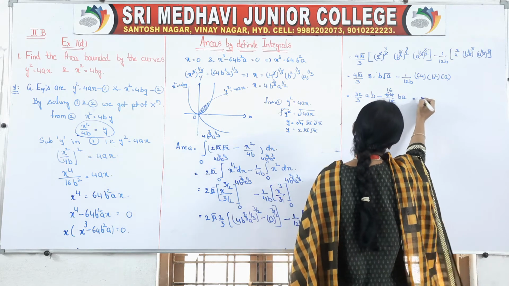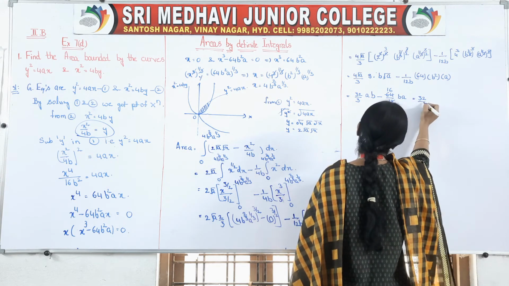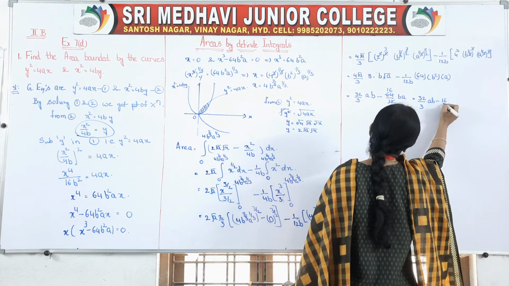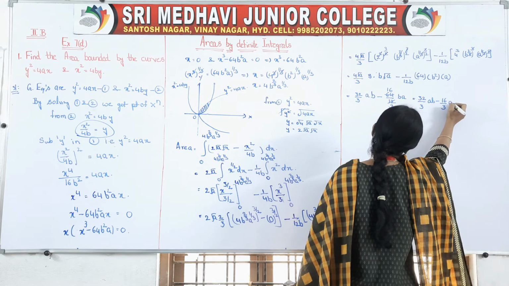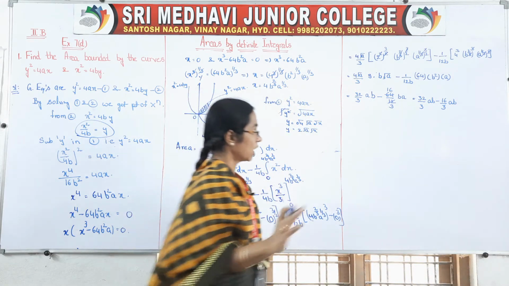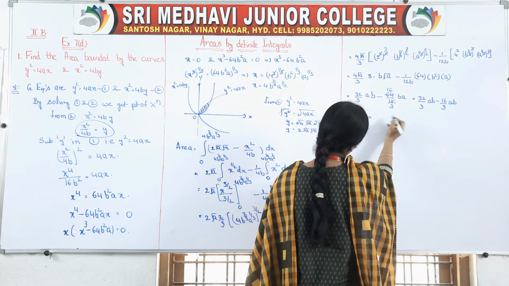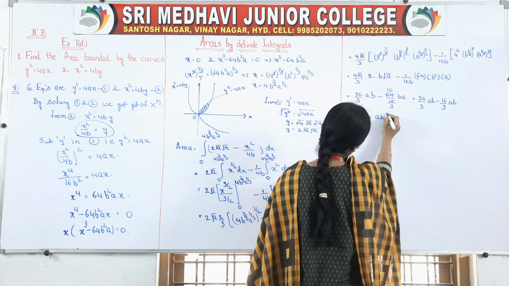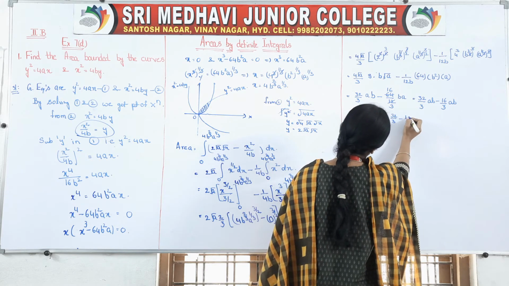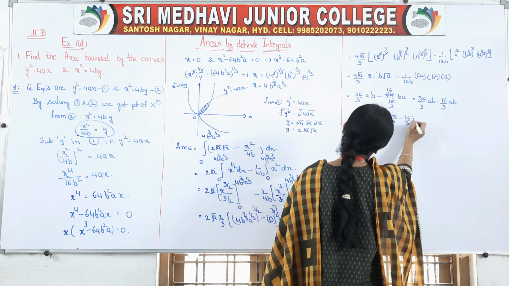So is equal to 32 by 3 ab minus 16 by 3 ab, right? b into a into b, both are same. So you take ab as common, then you will have 32 by 3 minus 16 by 3.